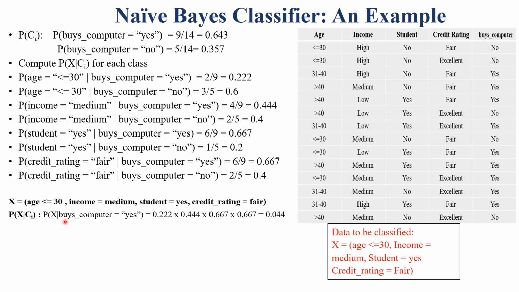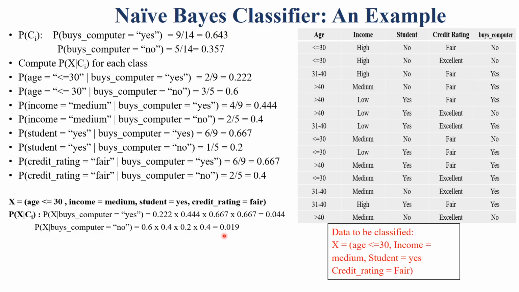So probability of x given buys computer equal to yes for the first class, we need to find the product of all the probabilities. So this probability and this one and this one and this one. So the probability is 0.044. The probability of x given buys computer equal to no is, consider all the probabilities that belong to the class label no: 0.6, 0.4, 0.2, 0.4.